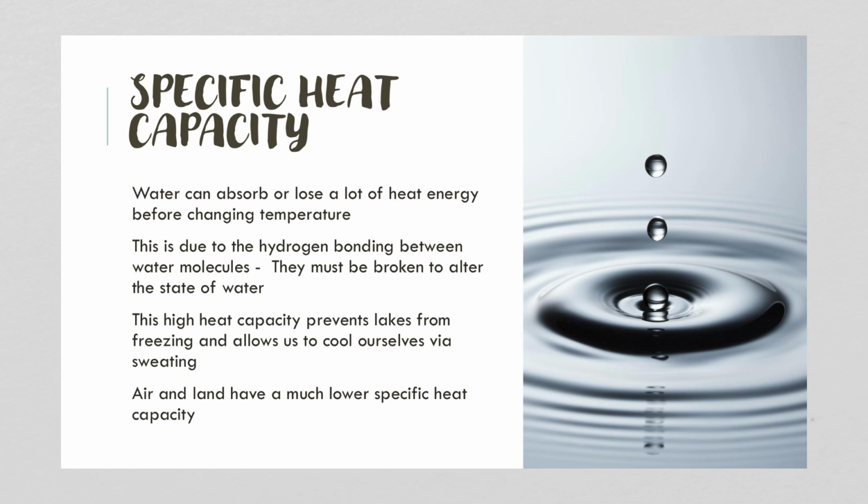And that high heat capacity is also what prevents lakes from freezing and allows us to cool ourselves through evaporative cooling or through sweating. Air and land have a much lower specific heat capacity. That's why the water temperature doesn't change drastically overnight and from day to day, whereas the air temperature and the land temperature can change quite significantly throughout the course of a day.